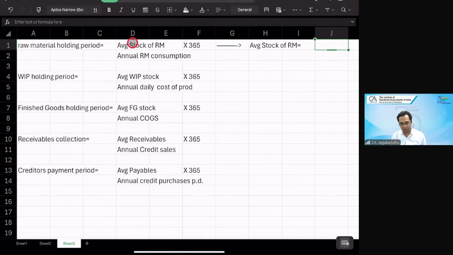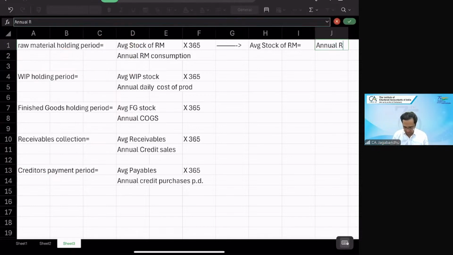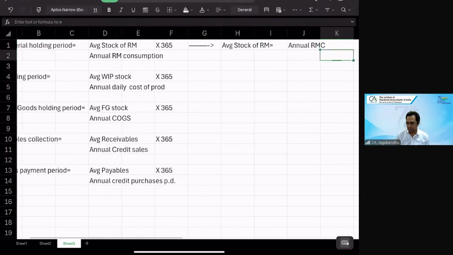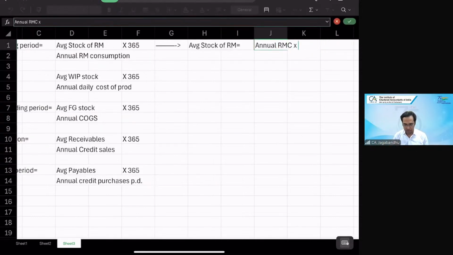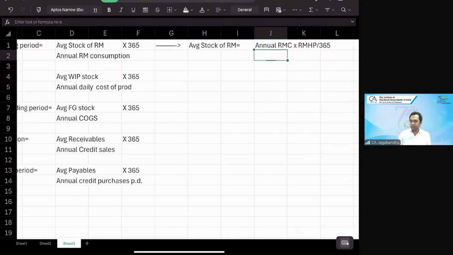If you want average stock of raw material, of course, the annual raw material consumption will go over there. So annual raw material consumption multiplied by raw material holding period divided by 365. Right? That's how you compute the average stock of raw material.